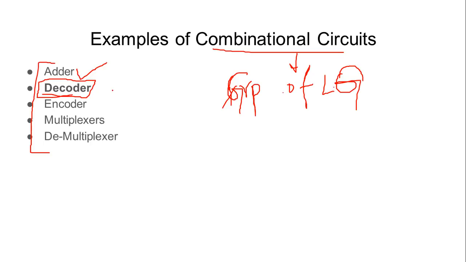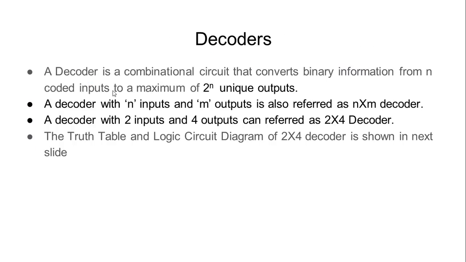So let's do that. Here is the introduction to decoders. If I ask you to write the definition of a decoder, then in a technical manner you will start with: it is a combinational circuit.